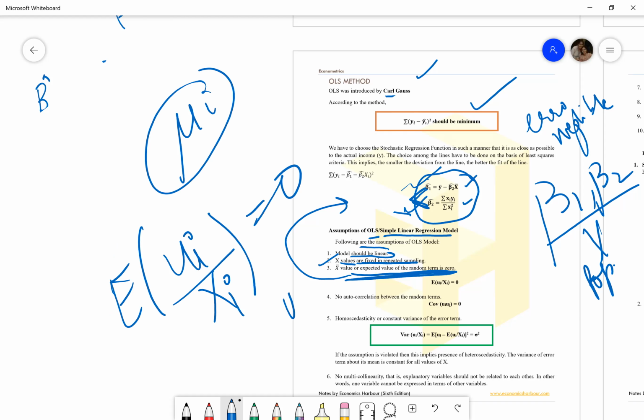Your ui is representing the random term. Random term and error term are the same thing. They are used synonymously, so don't get confused between random term and error term while doing econometrics.